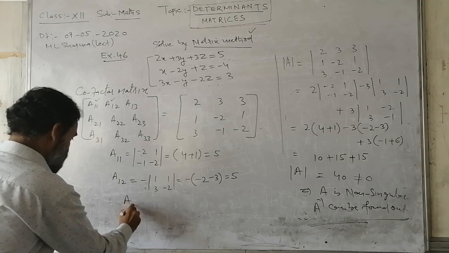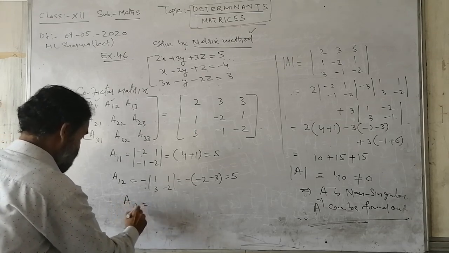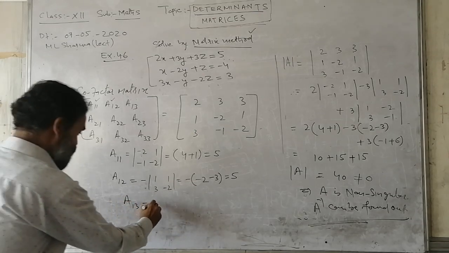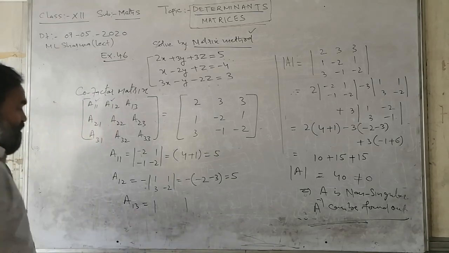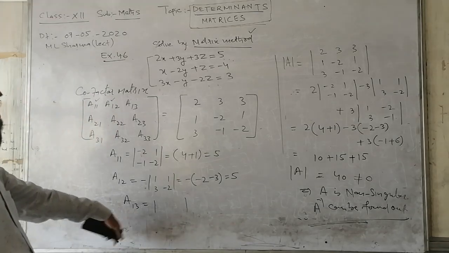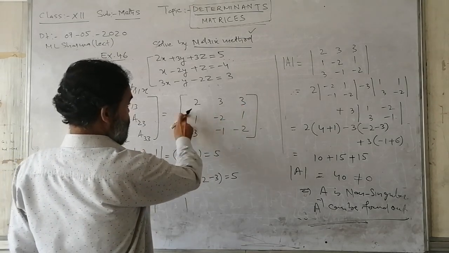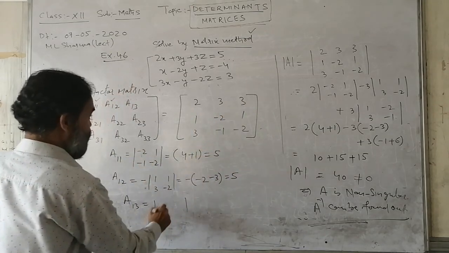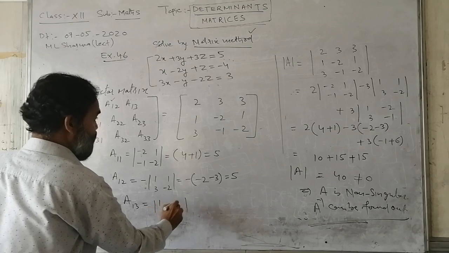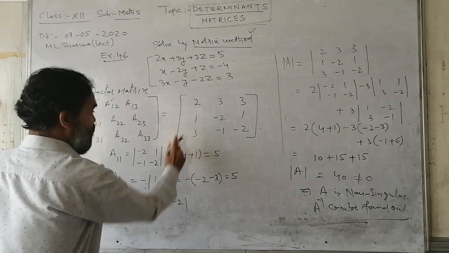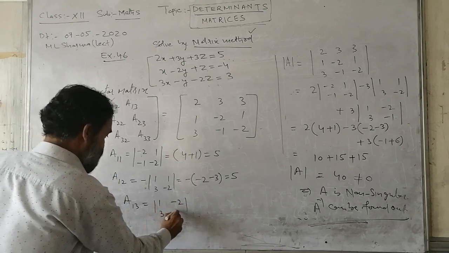Then for the next element A13, it is positive. 1 plus 3 is 4, and 4 is an even number, so the sign will be positive here. This is the element, this row and this column are deleted. I will be left with the elements 1, minus 2, 3, minus 1.